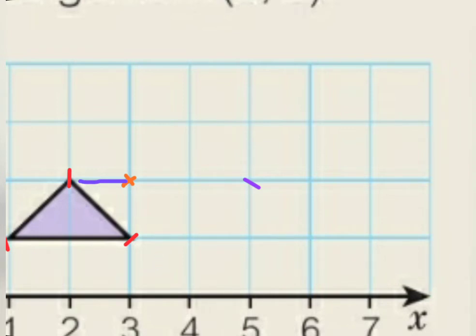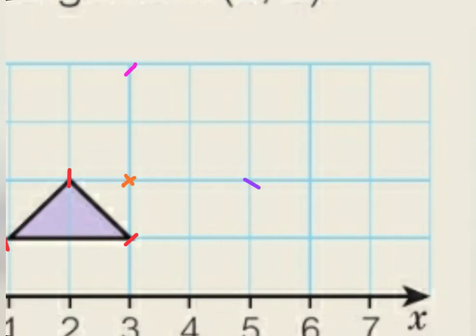Let's see the distance between it and center of enlargement. Now the distance is 1 box. So I take this one, I multiply it by the scale factor, which is 2, I will get 2. But not in the same direction, it's going to be the opposite one. It's going to be 1, 2. So the new point will be here. Very good.